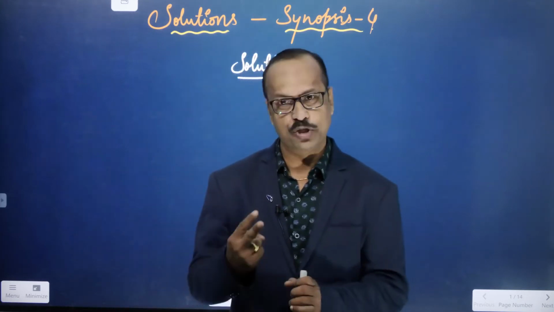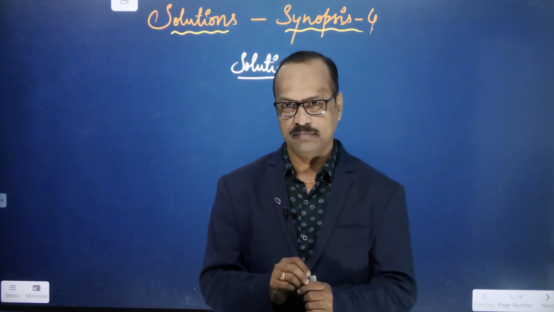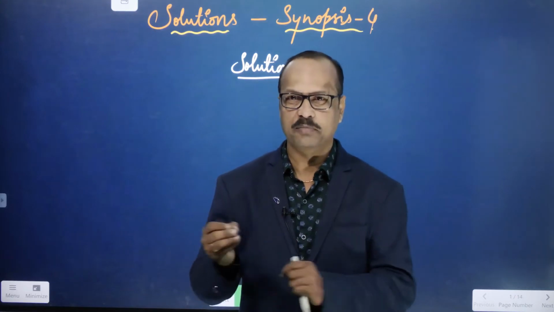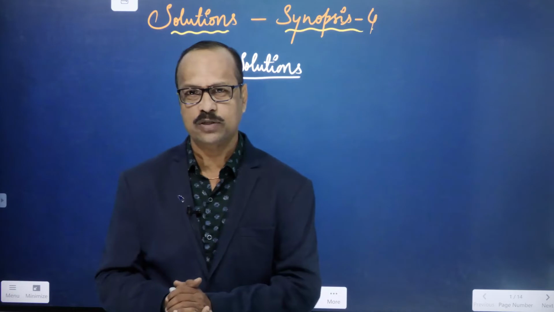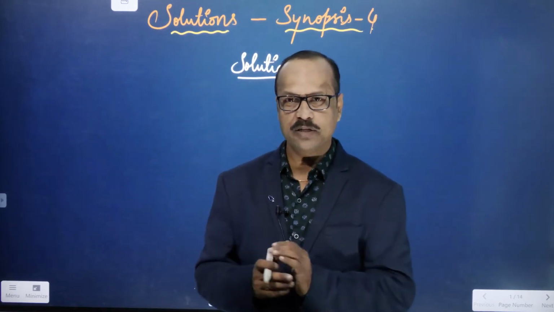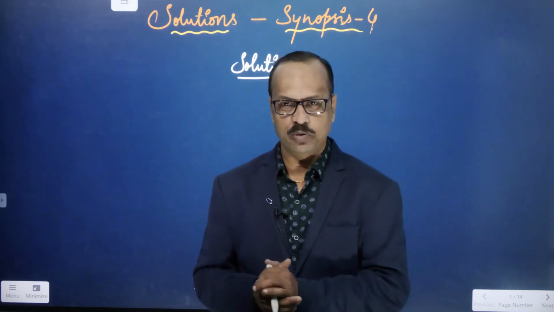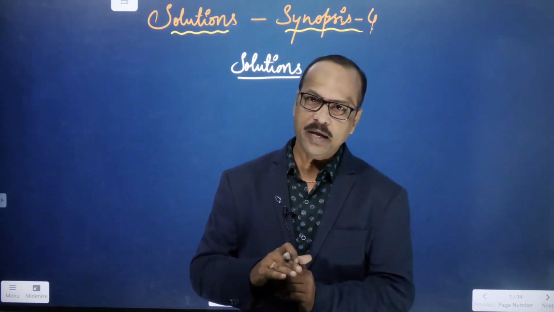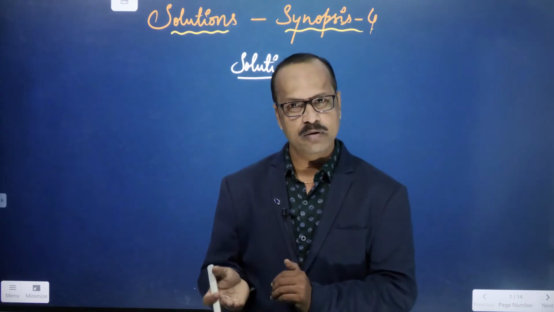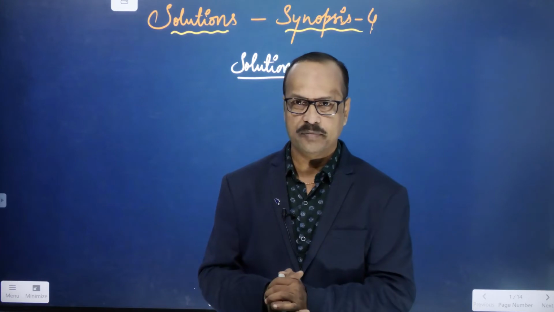Binary means 2: a solution which contains only 2 components, like salt and water, is called a binary solution. And from the previous class onwards, we are discussing liquid and liquid type of solutions, like water and ethanol.